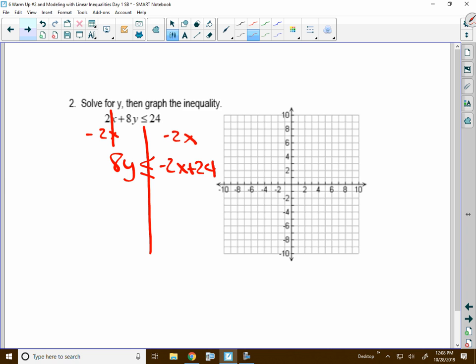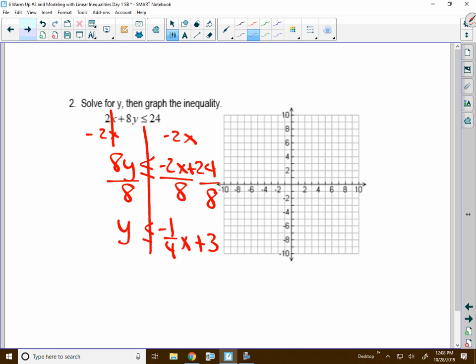Okay, we're going to divide by 8. And remember, when you divide each part by 8, negative 2 over 8x is the same thing as negative 1 over 4x.